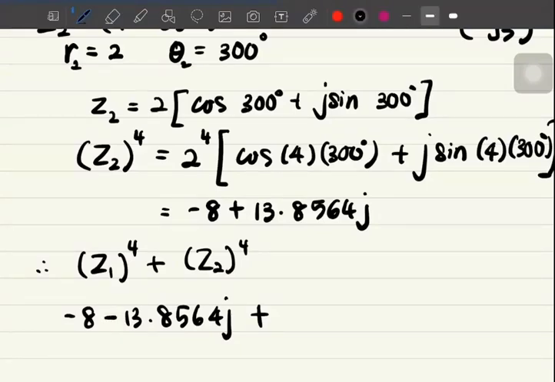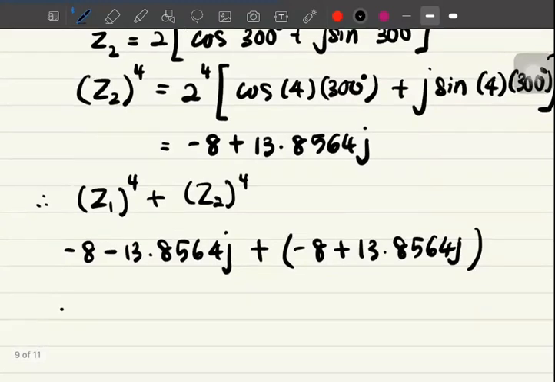So Z2 kuasa 4 tadi you dapat negatif 8 tambah 13.8564 j. So what is your final answer? Please make sure you all tulis step dengan betul sebab nanti kalau assessment awak dalam bentuk upload solution, if you don't know how to write in the correct way, awak akan hilang markah lah.